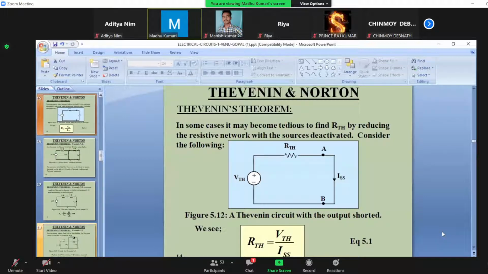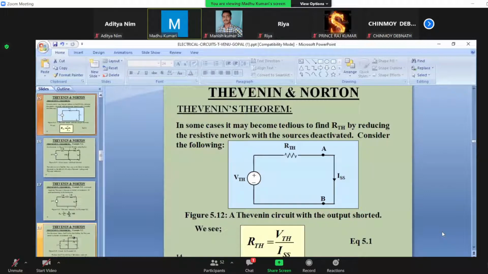So in that case, what will be the short circuited current at the load point? What will be the short circuit current, where we reduce the load resistance, that end will be short circuited. Here it is given ISS. If ISS is known and we know VThevenin, then we can calculate RThevenin.